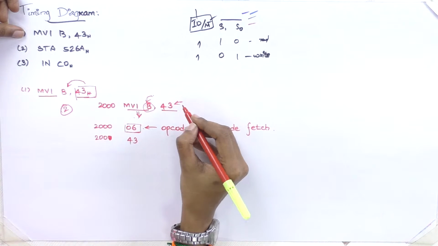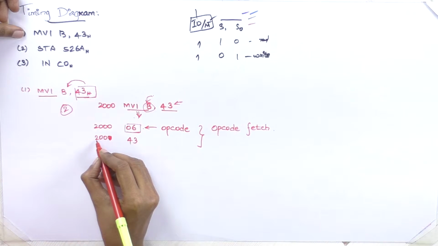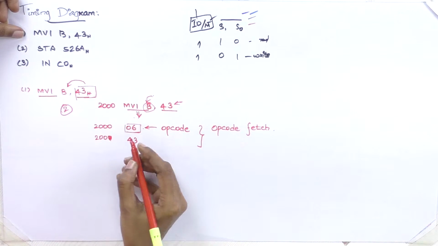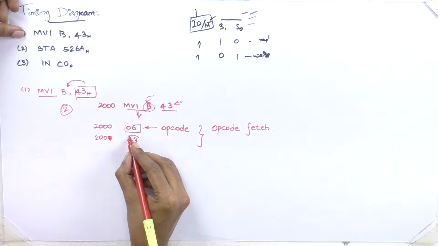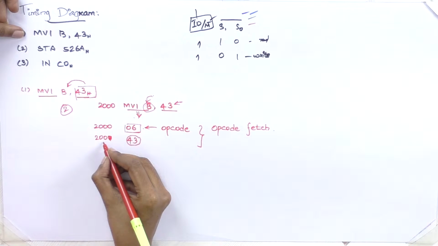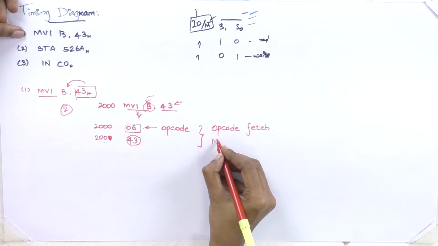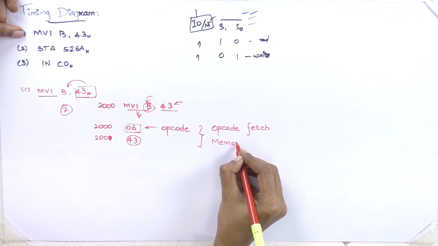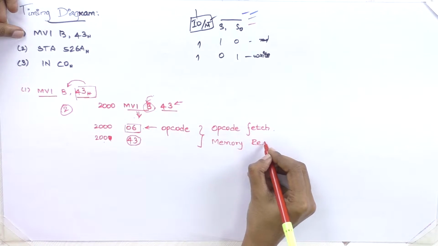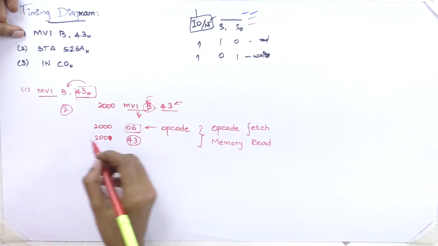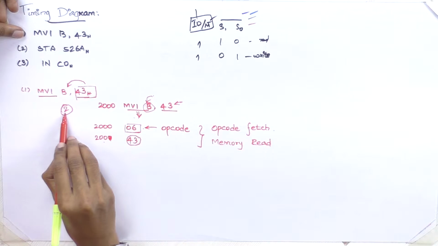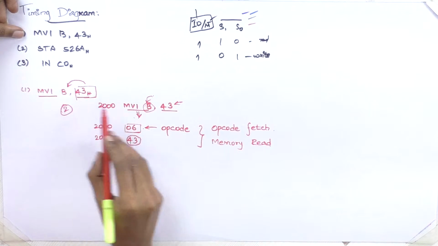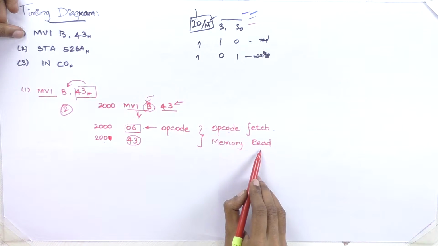It should know the value 43, right? Which is stored in memory location 2001. Now we have to read this 43 from memory location 2001. Then what machine cycle do you require? Yes, that is memory read. So as a whole, MVI B, 43 requires 2 machine cycles: opcode fetch and memory read.